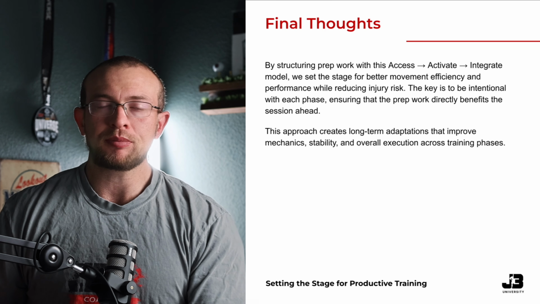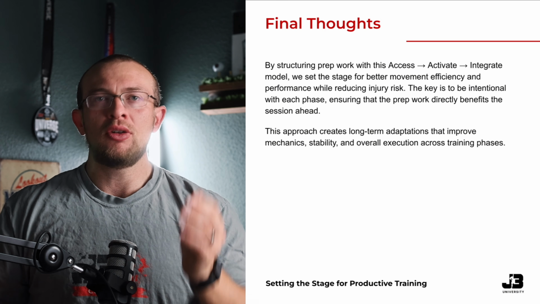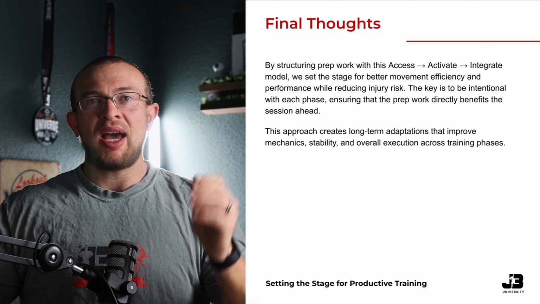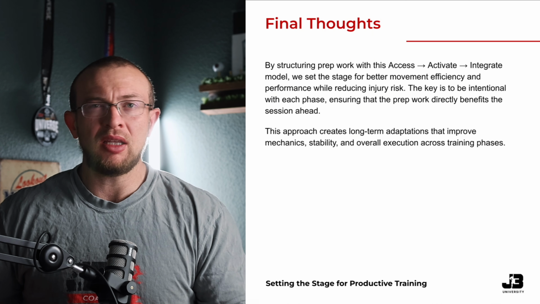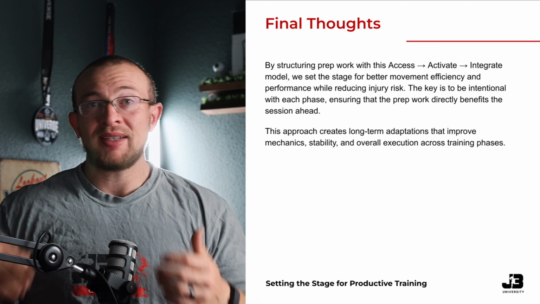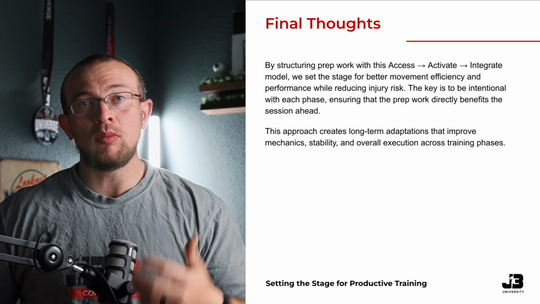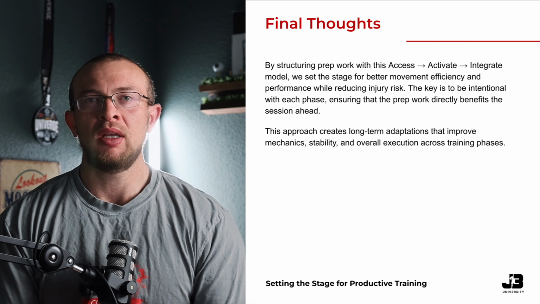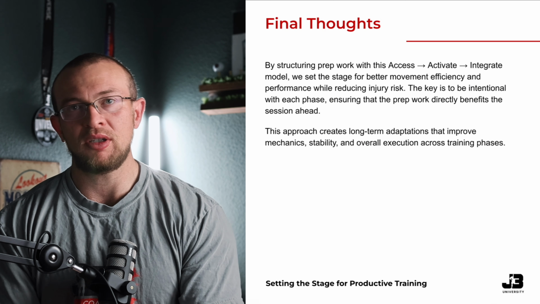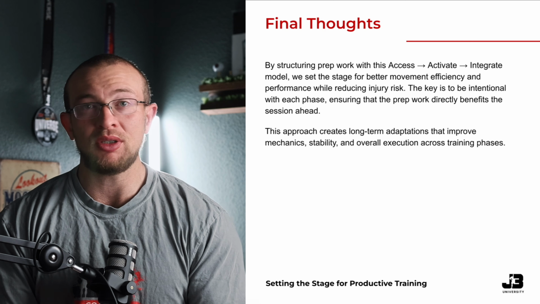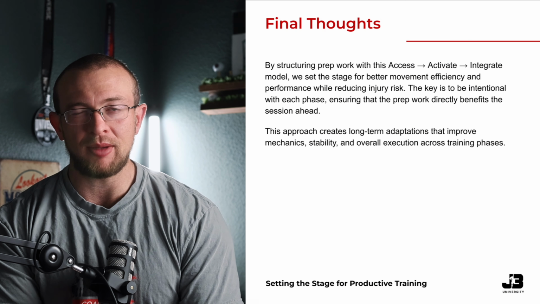For hypertrophy, movement efficiency looks like driving mechanical tension to the target tissues without having other body parts compensate or get in the way. This is going to be accessing end ranges for lengthened loading more easily than when you walk into the gym. This is going to be keeping loading on those target tissues from a stability standpoint. And that's a classic way that we can reduce injury risk, but maximize driving the adaptation of hypertrophy.